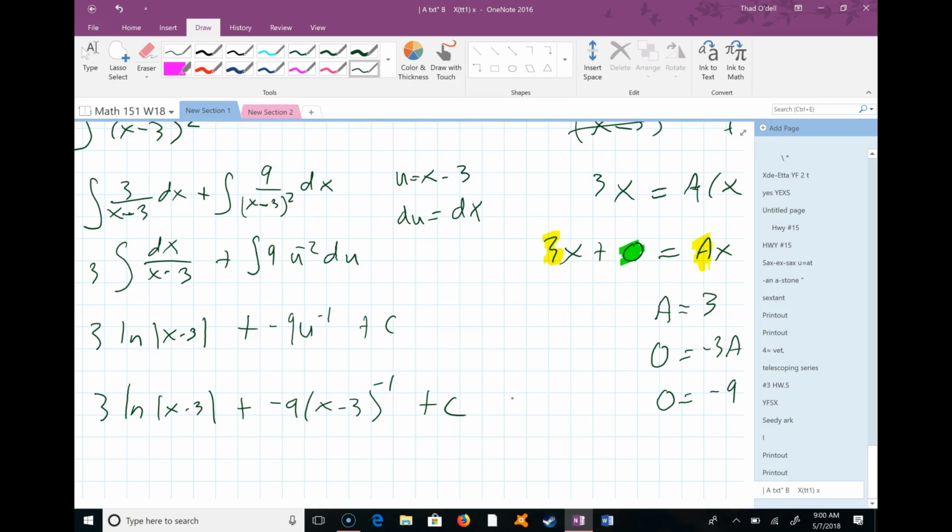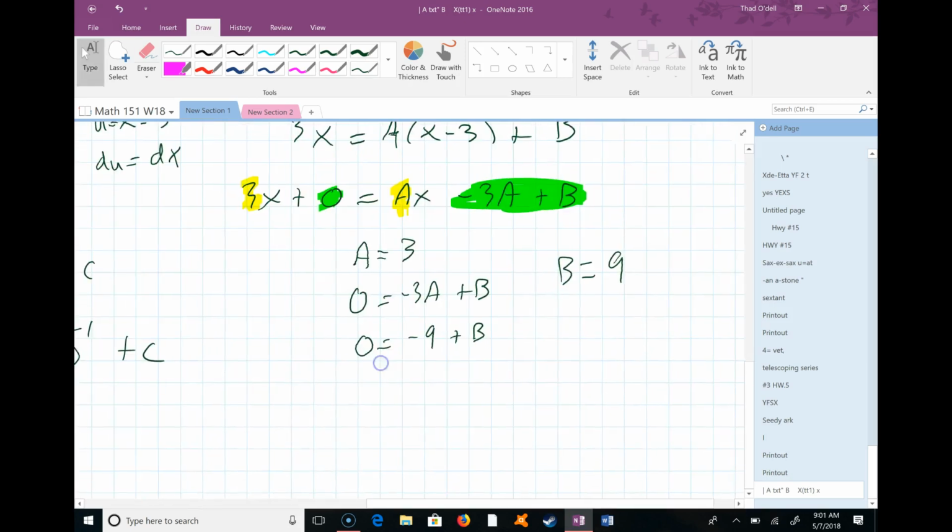Partial fraction decomposition. Any questions or comments on that one? Yes? Go back over here.